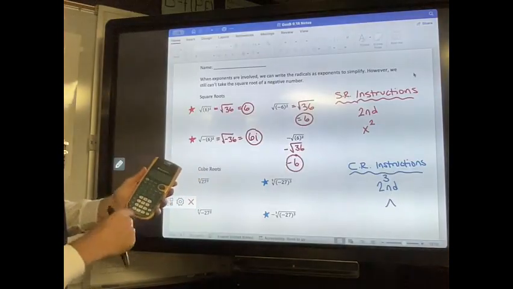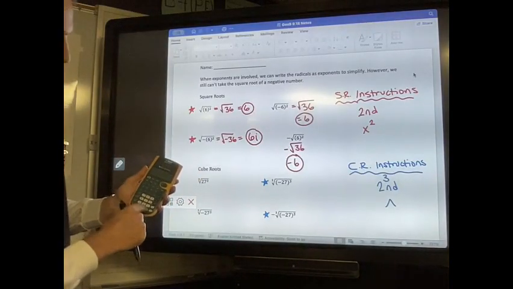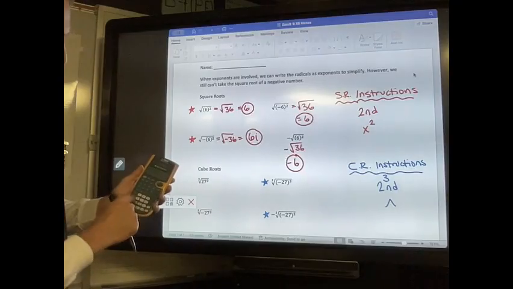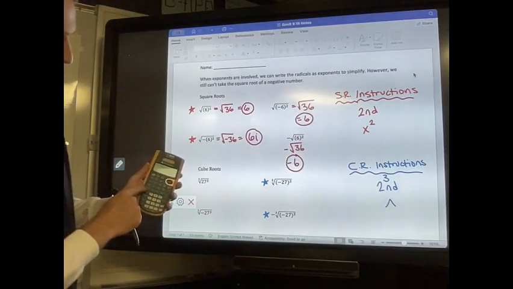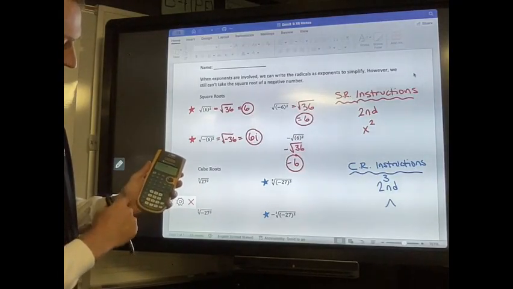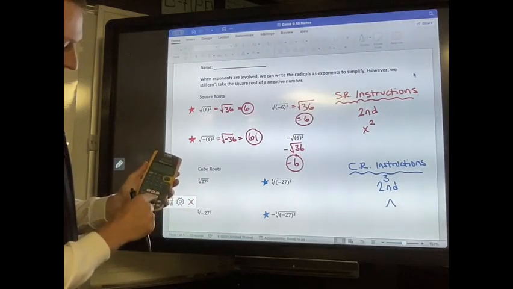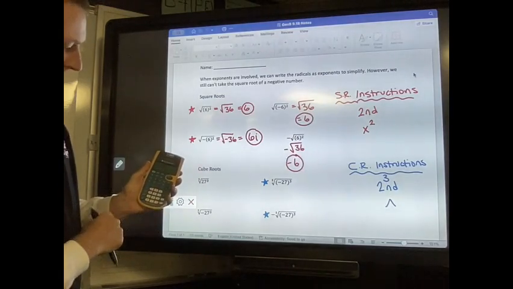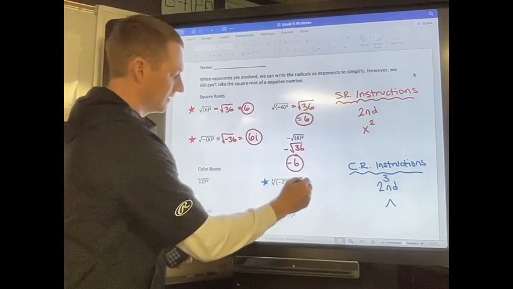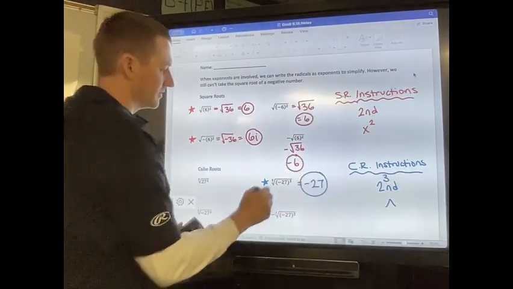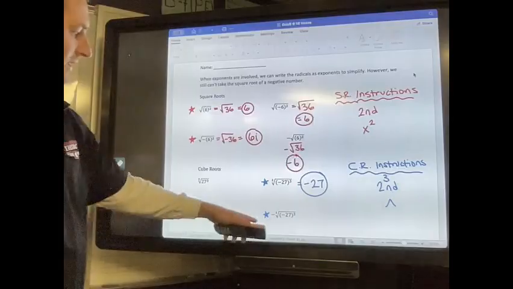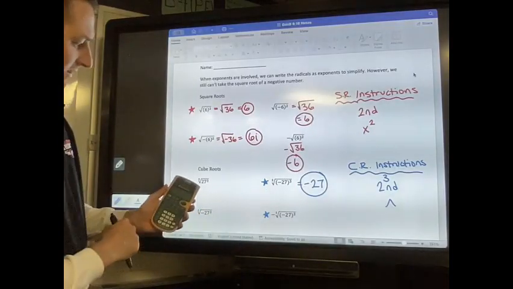That gives us the cube root, and then I'm just going to go parentheses, -27, parentheses. And then if I want cubed, I'm going to hit this up arrow and hit the 3. Okay, and I'll actually get -27 again.